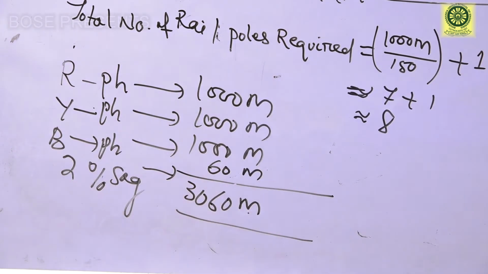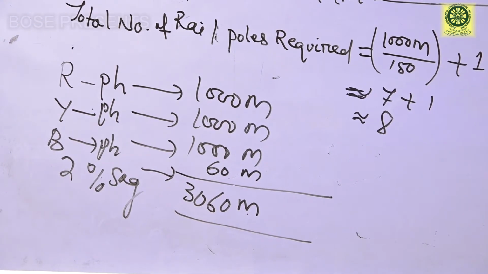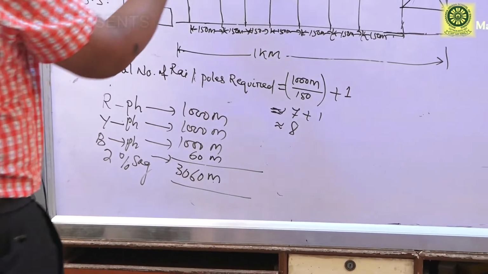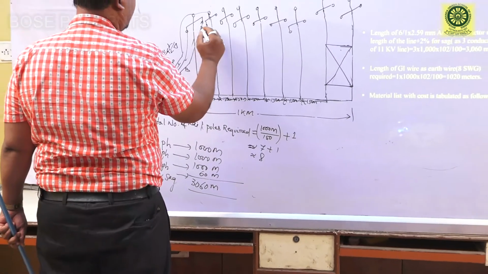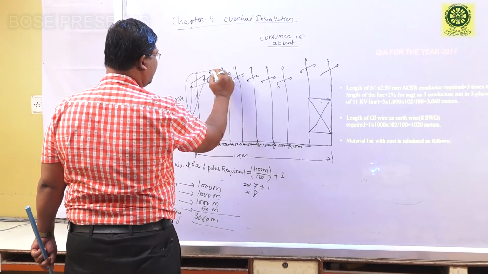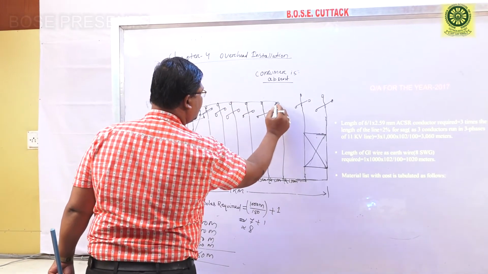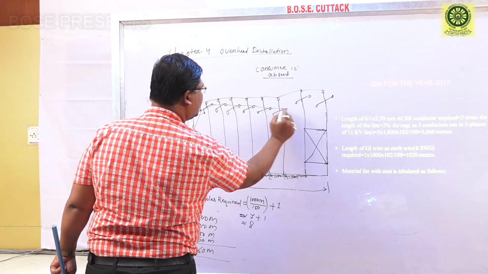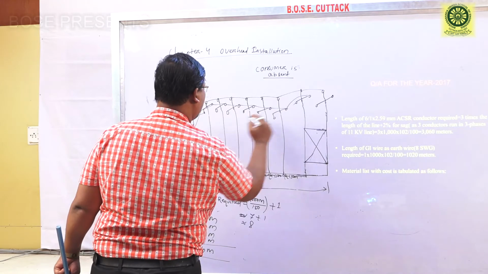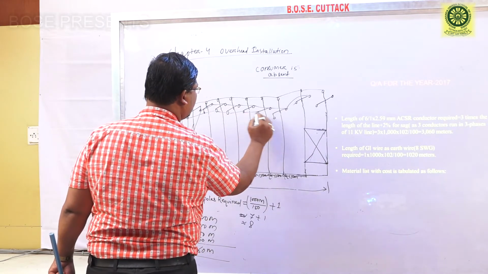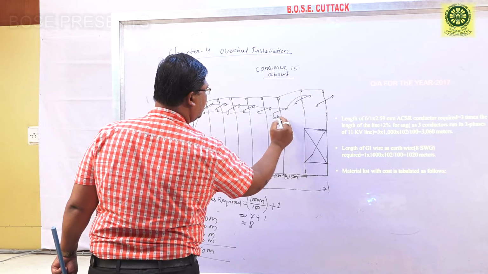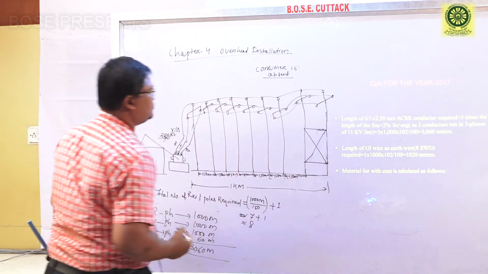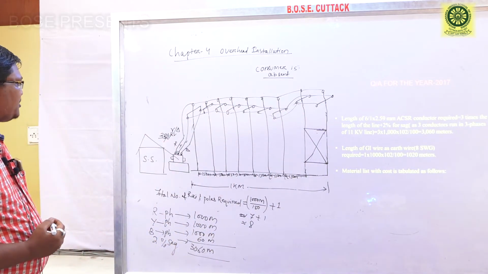This much amount of 6 by 1 into 2.59 mm ACSR conductor is required. So this is the R, Y, B 3 phases.